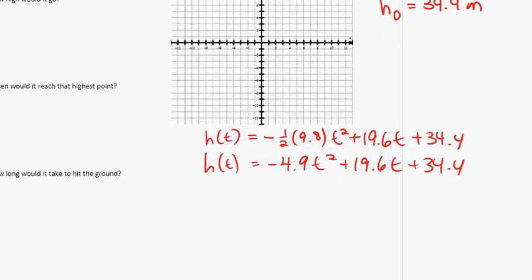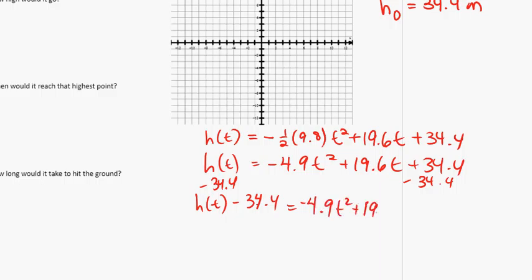So completing the square, I need to get my c value over to the other side. So I have h of t minus 34.4 equals negative 4.9 t squared plus 19.6 t.